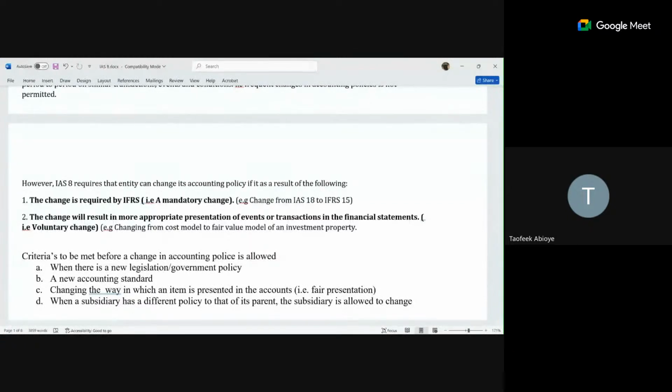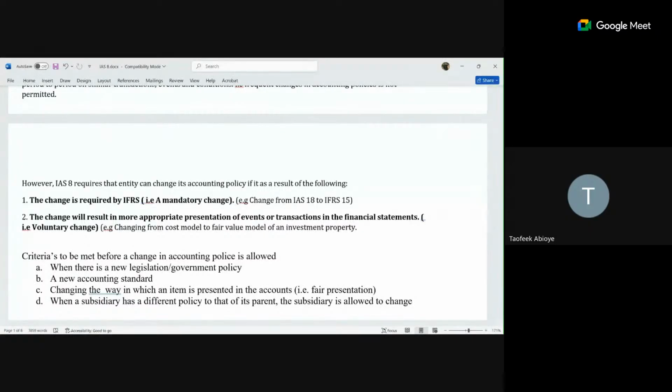That is voluntary, for example changing from cost model to fair value model for an investment property. So this is what I'm saying, yes, changes are allowed. However, the purpose of that change must be so clear that it will result in a more appropriate presentation of events or transactions in the financial statements.